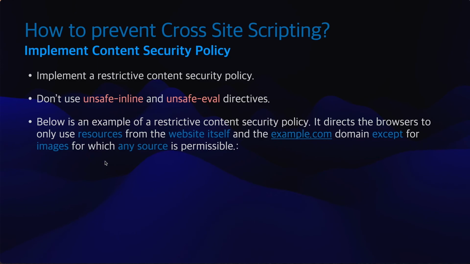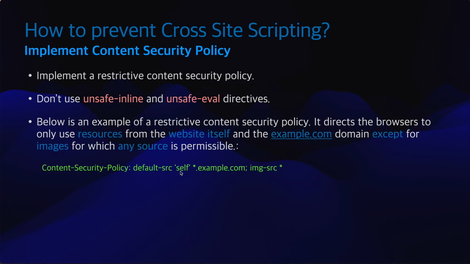So here's an example of a restrictive content security policy. It directs your browser to only use resources from the website itself because of this self directive here, and from the example.com domain, except for images, for which we are allowing any kind of source to take up any kind of images and show on your website.